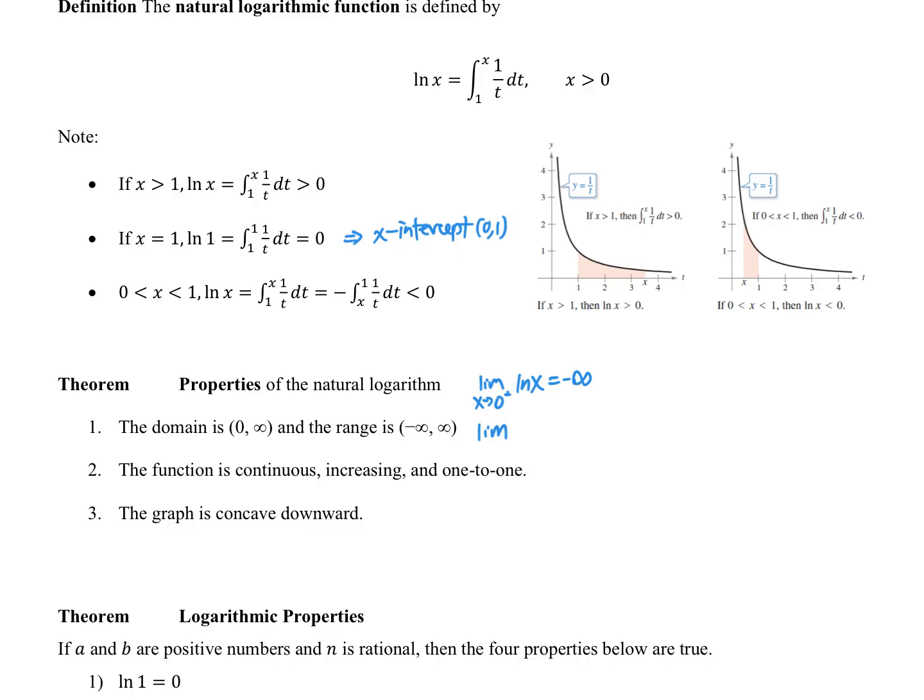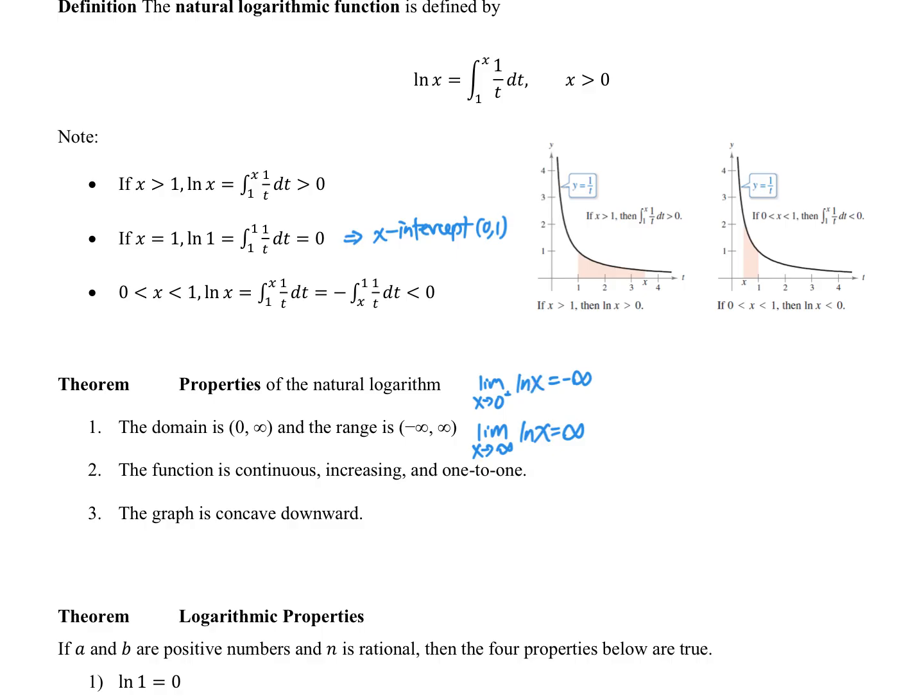When x is approaching infinity, the limit is infinity. To give you a little taste of how to prove that, I'll just focus on this one, and the other one can be proved in a similar way.